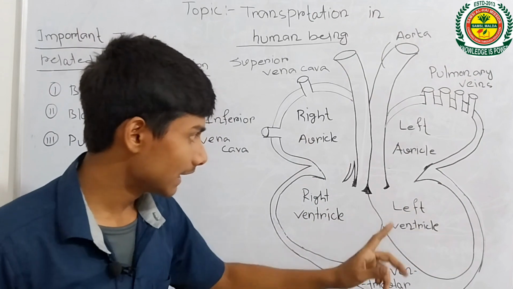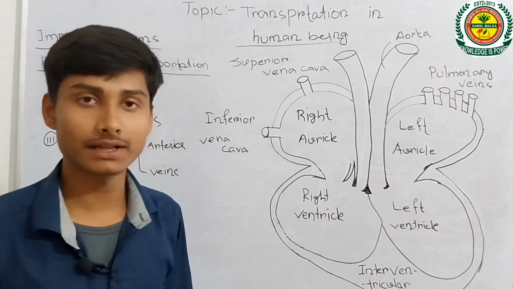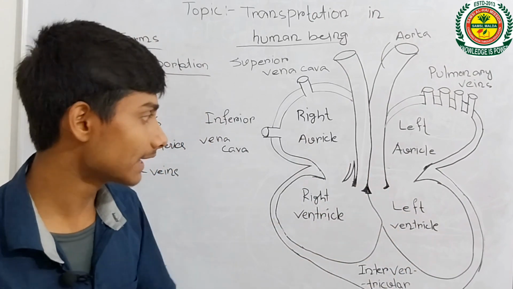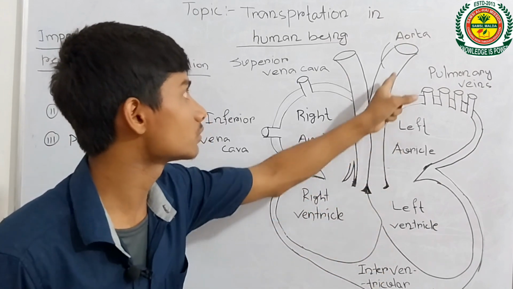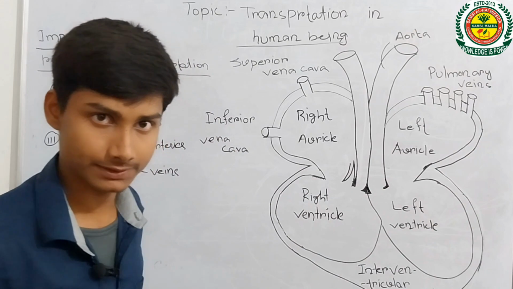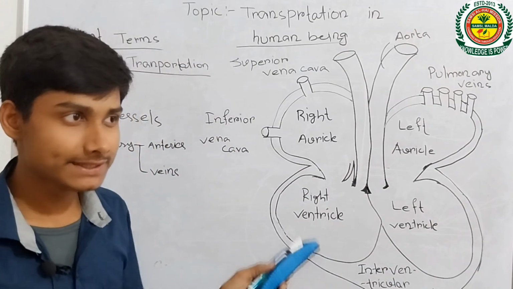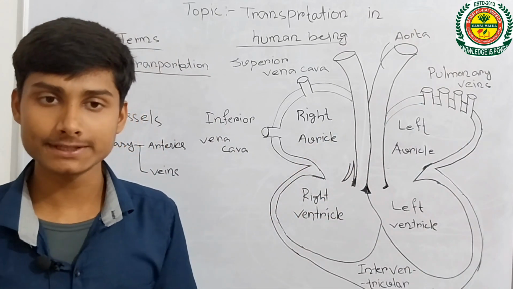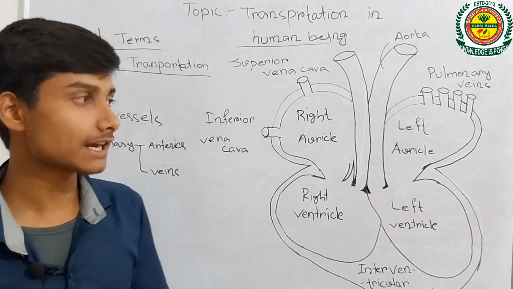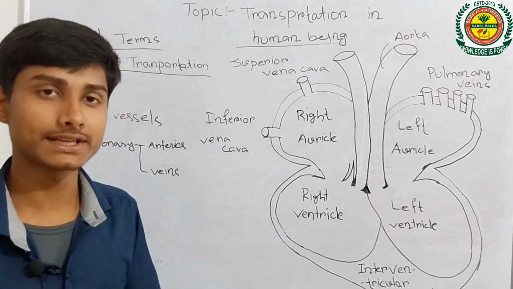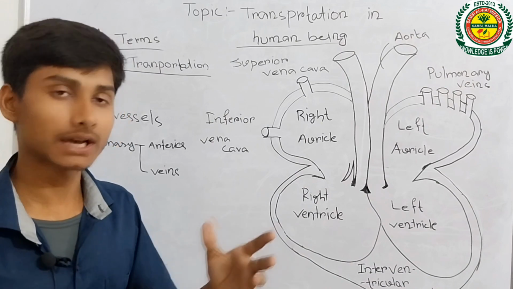After that, when the left ventricle collects the oxygenated blood, in return it pumps the blood and it goes through the aorta to different parts of the body. When the oxygenated blood goes to different parts of the body, the cells take the oxygen and use it to produce energy and carbon dioxide.